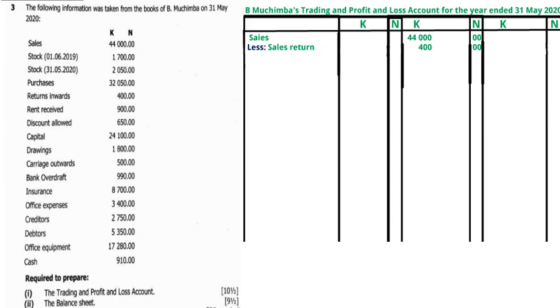Thereafter, I need to find the turnover or net sales. That means I'm going to subtract. Remember, less sales return. So I'm going to subtract. That means I'm going to punch 44,000 minus 400, which will give me 43,600, and I'm going to write that as the turnover or net sales.